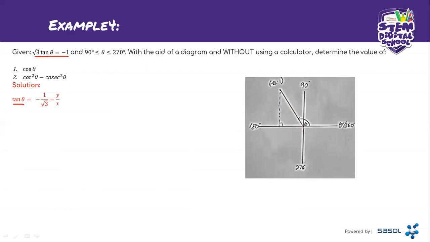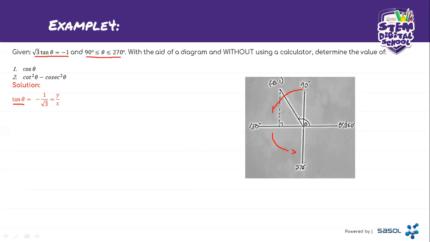Based on the restriction, we're going to move from 90 degrees to 270, meaning from the second quadrant to the third quadrant. So only those quadrants, then we have to draw the terminal arm.